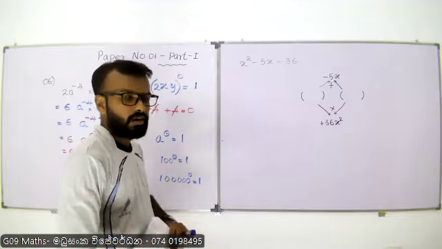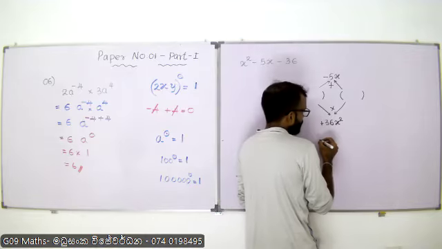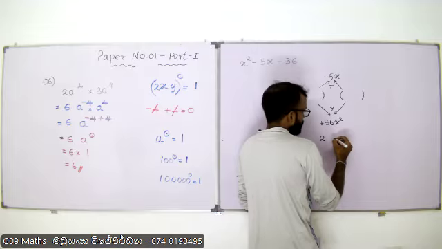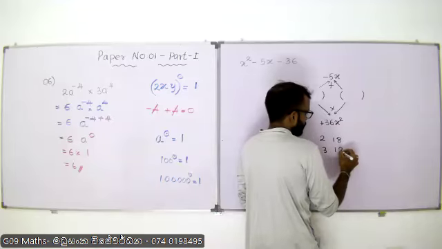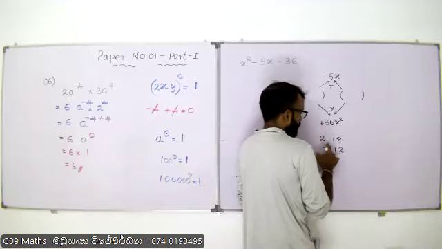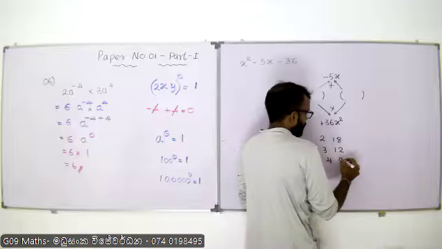Can you do that? How? Let's see. 2 times 18, 3 times 12, 4 times 9.